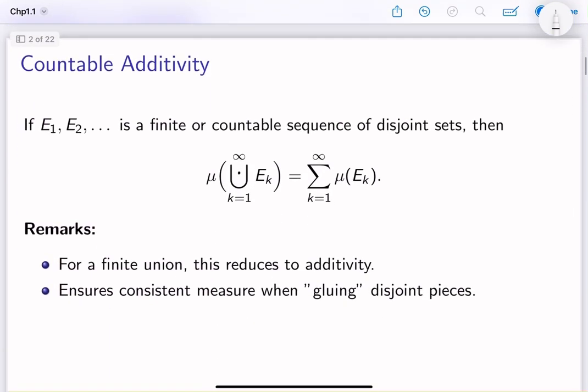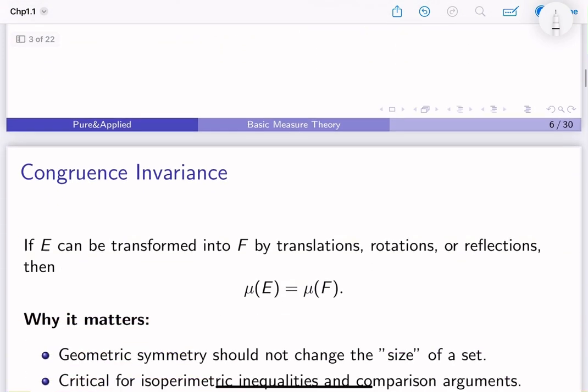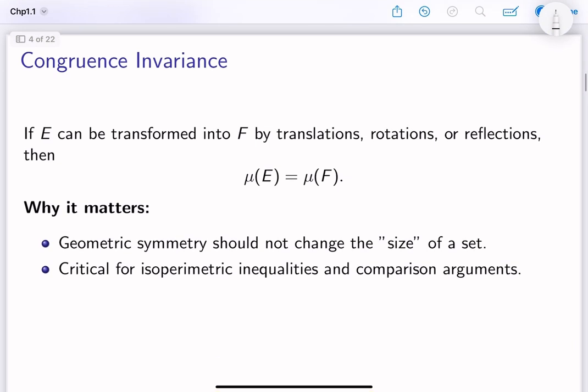So as we mentioned, there are three properties. The first is that we want the volume of a union of disjoint sets to be the sum of the volumes or the measures. And the second property that we want is so-called congruence invariance, in the sense that we need the measure to be independent of translation, rotations, and reflections.